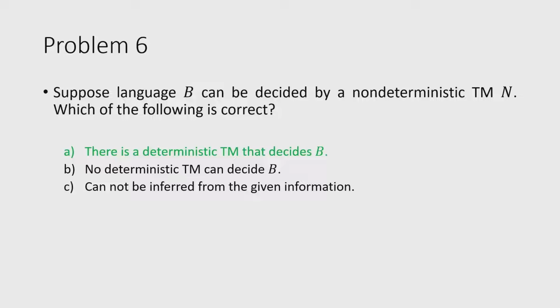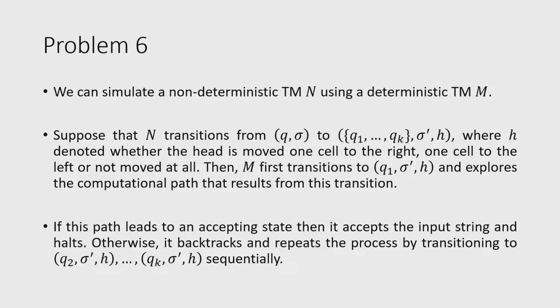And to see why this is the case, we would construct such a deterministic Turing machine. So suppose we are given a non-deterministic Turing machine N that accepts B, we would consider a deterministic Turing machine M that accepts it.